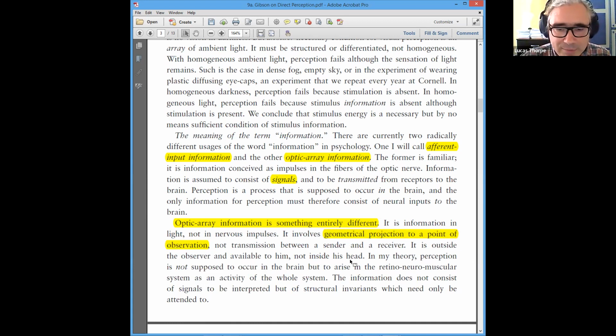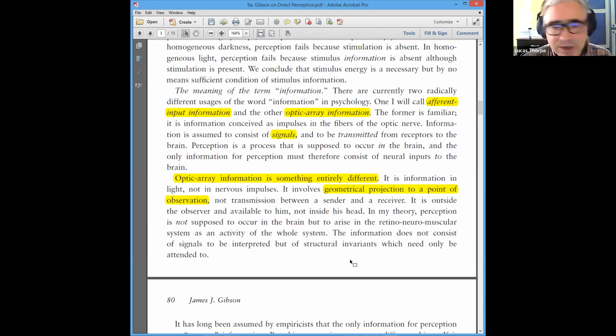The information does not consist of signals to be interpreted, but of structural invariants which need only to be attended to. Elsewhere, he talks about what's important being picking up on this information. So the visual system has evolved to be able to pick up on this information, and it is out there in the light, in certain types of structural invariants.